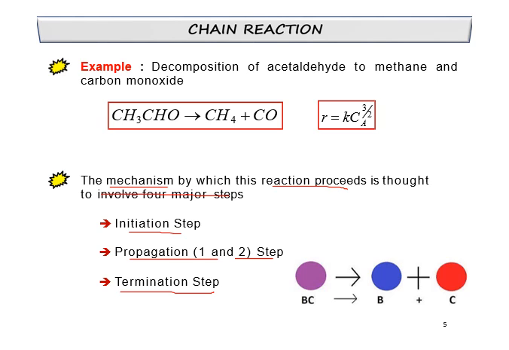So in this subtopic of chain reaction, all along the definition of chain reaction, we'll be using the example of decomposition of acetaldehyde. This one is acetaldehyde to produce methane and also carbon monoxide.